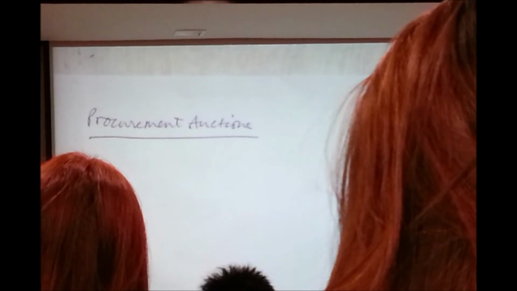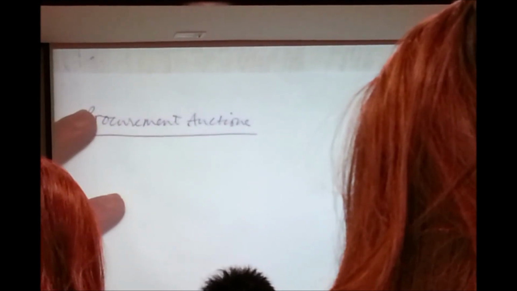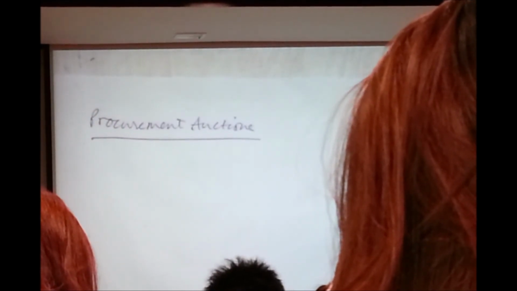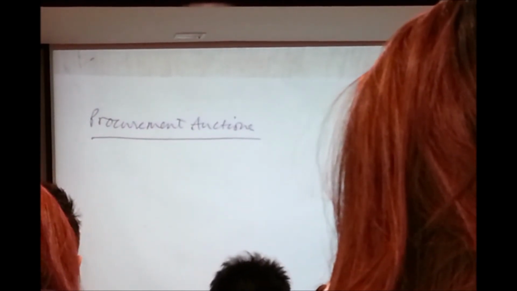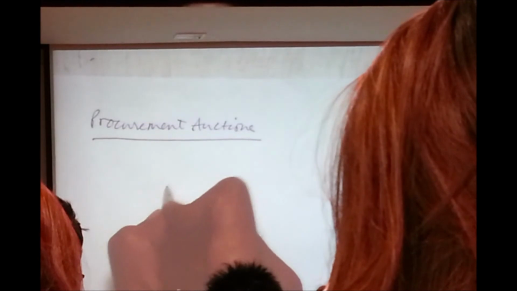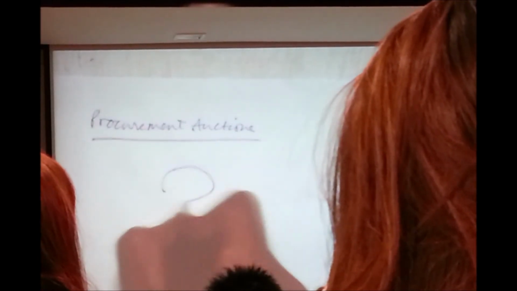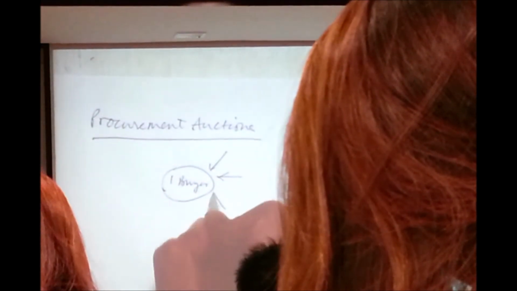So far, the auctions we have considered have been auctions where there is one seller and several buyers bidding for the goods. A procurement auction, on the other hand, is an auction where there is one buyer and several sellers bidding to sell the goods.